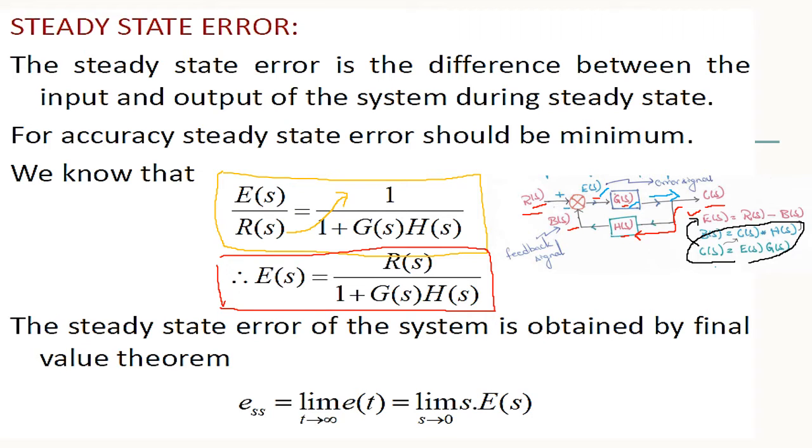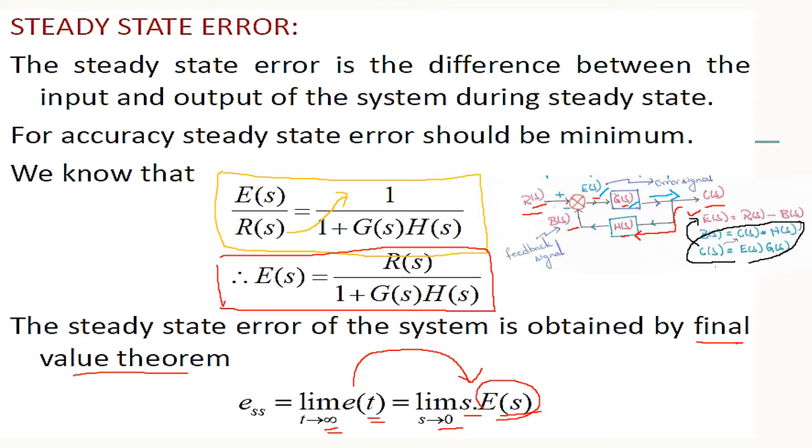Now the steady state error of the system is obtained by the final value theorem. That is, if e(t) is a function of time, then as t tends to infinity, its Laplace transform is limit s tends to 0 of s into E(s).